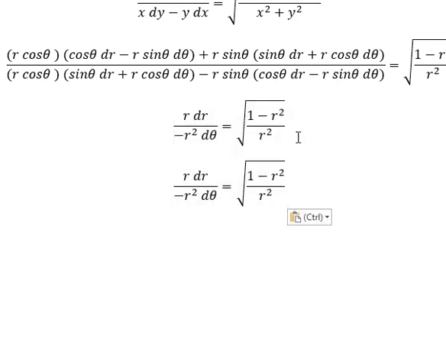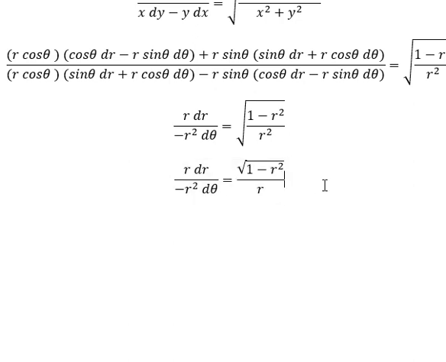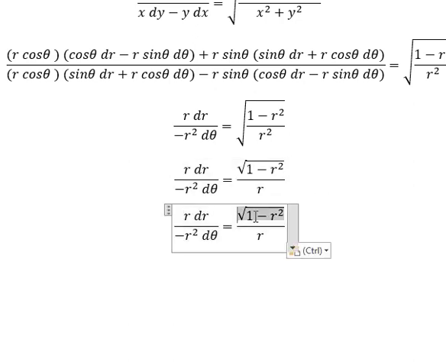So the square root of r squared, we have r. So we can write like this. So I will put r to the left, this one goes in here, d theta goes to the right, and then we have it like this.